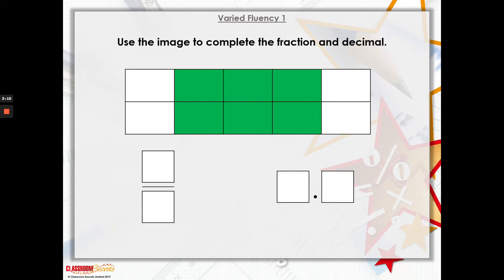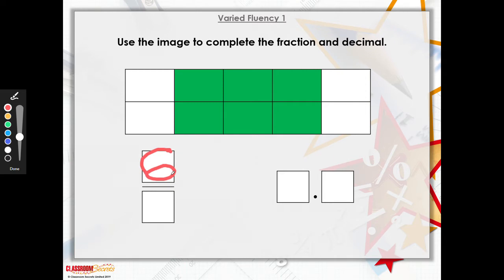Okay, we're back. So let's see if you managed to convert the representation into a fraction first. Remember, the numerator is how many have been taken up. So how many have been taken up? Let's find out. 1, 2, 3, 4, 5, 6. So that's my numerator, 6 at the top. So in this box here, you should just write a 6.